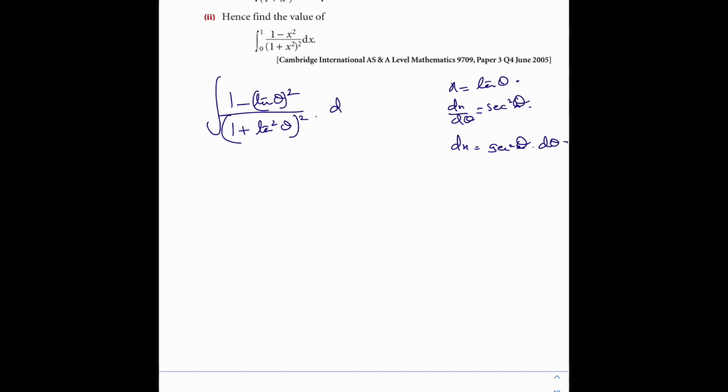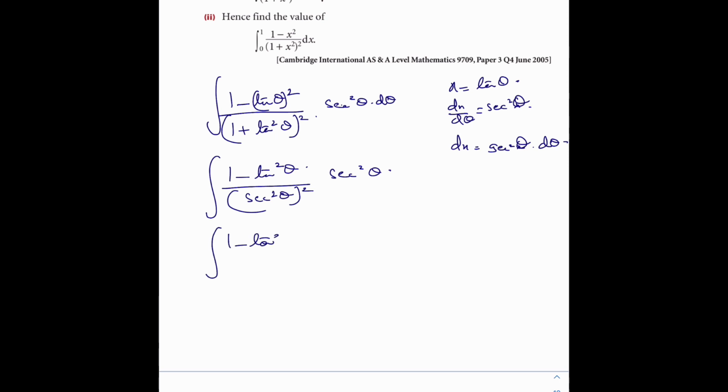In place of dx, I can write sec square theta dot d theta. 1 plus tan square theta we know is sec square theta, and it is squared. This sec square theta and this sec square theta will cancel out, leaving sec square theta in the denominator: 1 minus tan square theta upon sec square theta.